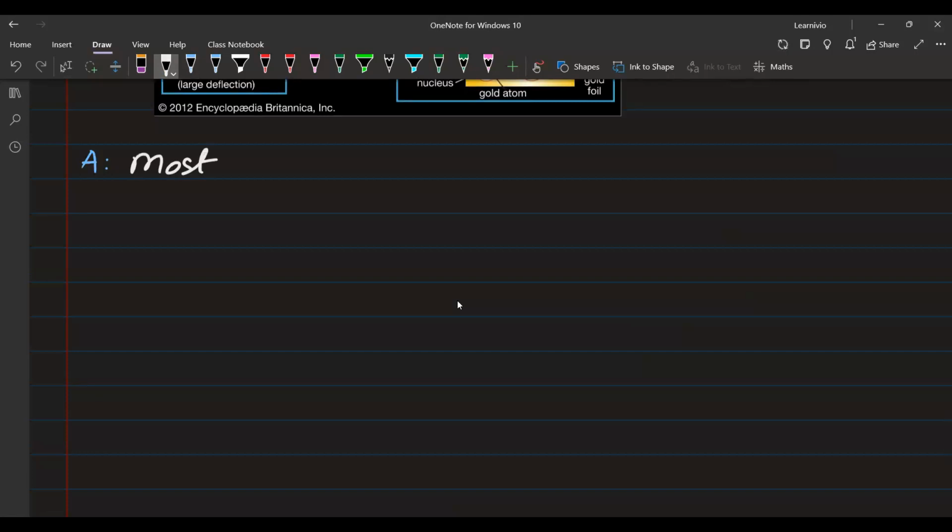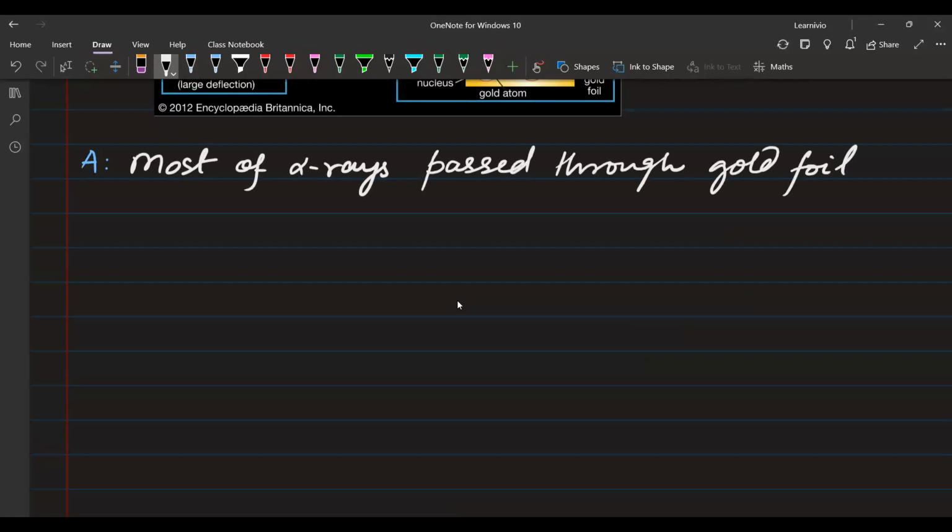Just give me a second, guys. We can say that most of the alpha rays pass through the gold foil without any reflection. Now, it would mean the alpha rays did not find any barrier while traveling through the gold foil.